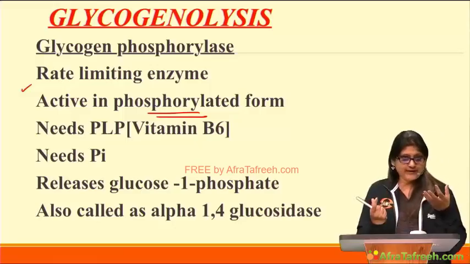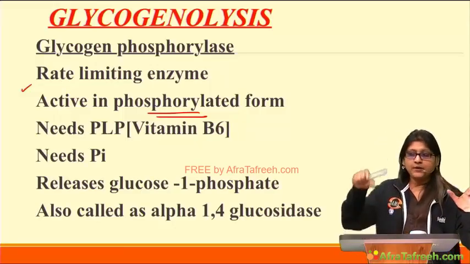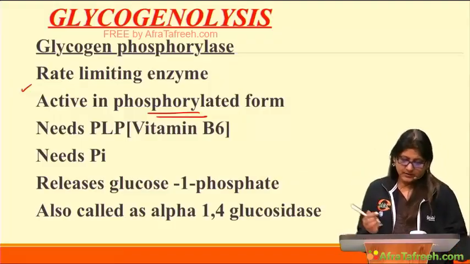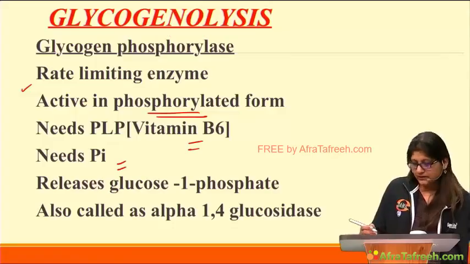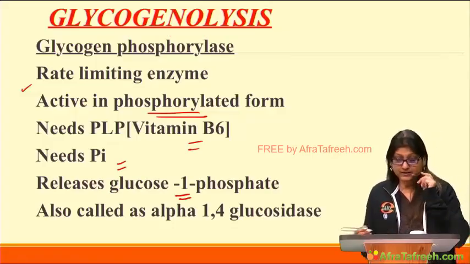Again, the contra-regulation you see: synthesis of glycogen needs dephosphorylation, breakdown of glycogen needs phosphorylation. Yes, vitamin B6 is needed for glycogen breakdown, inorganic phosphate is needed for glycogen breakdown, and this glycogen breakdown releases glucose 1-phosphate as the immediate product.